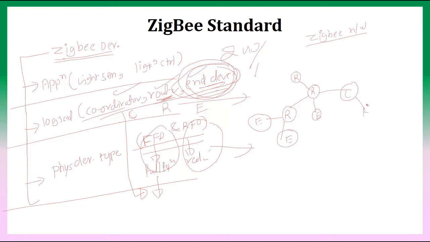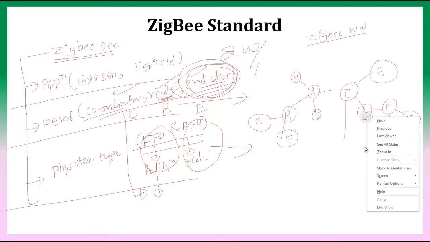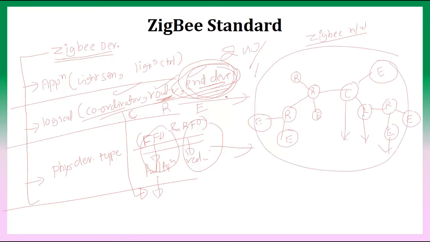Similarly you can draw anything, but you need to understand what these different nodes are and what their functionality is. So C is the coordinator, R is the router, and E is the end device. This comprises your entire ZigBee network.